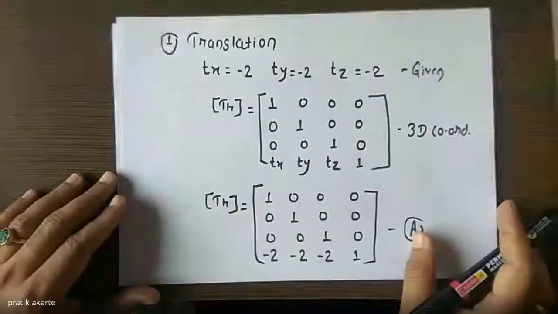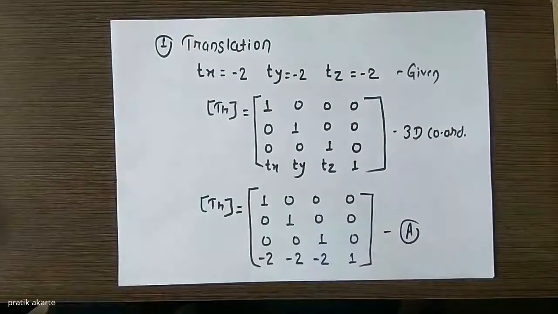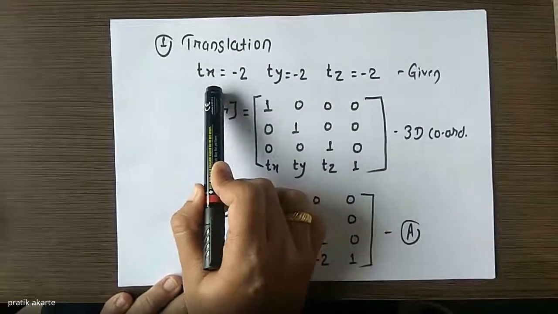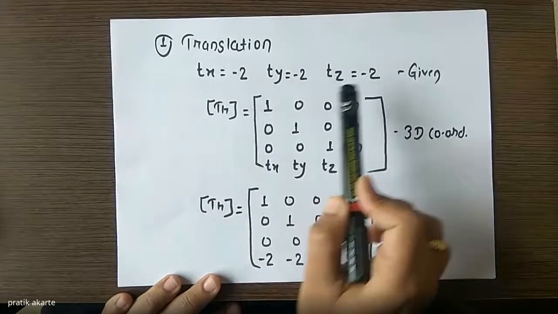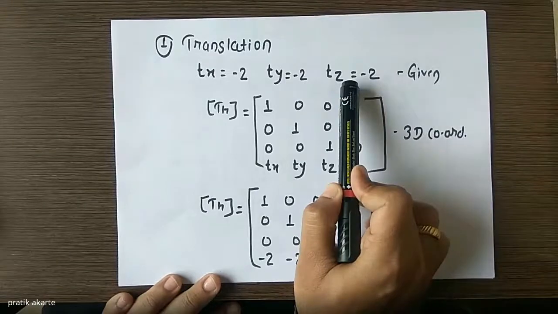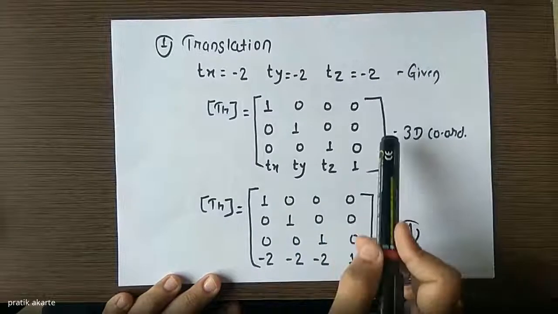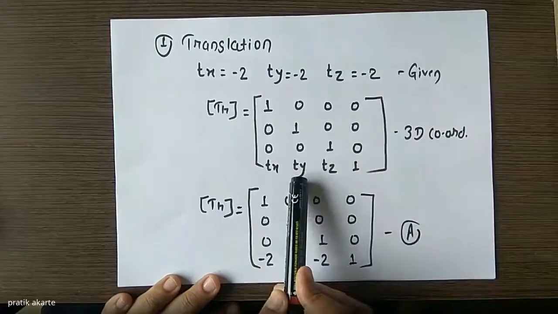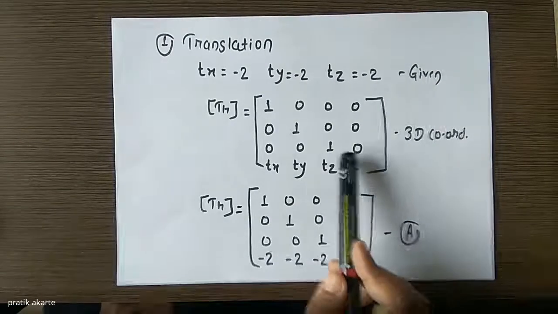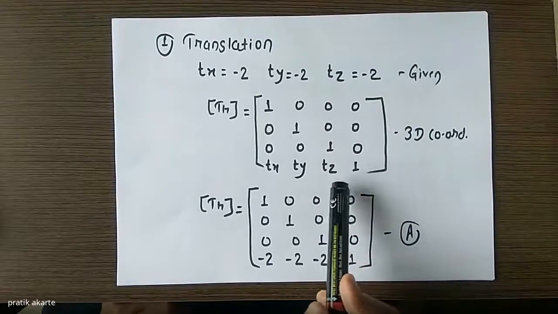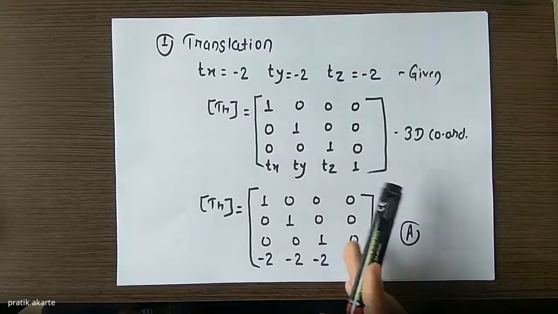So first, translation. We have three principal axes, along three principal axes, Tx minus 2, Ty minus 2, and Tz minus 2, which is given in the problem. So previously you have only Tx and Ty in two-dimensional transformation, but here you will get the third dimension, that is Tz, so you have to include one more row and one more column.